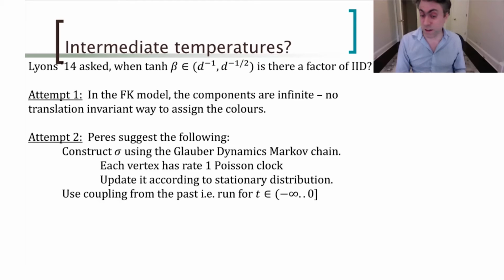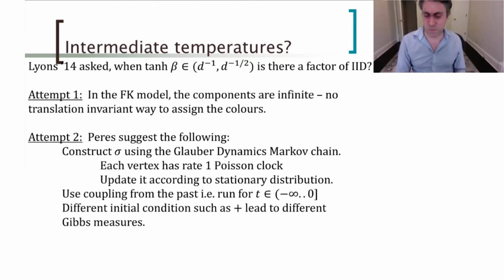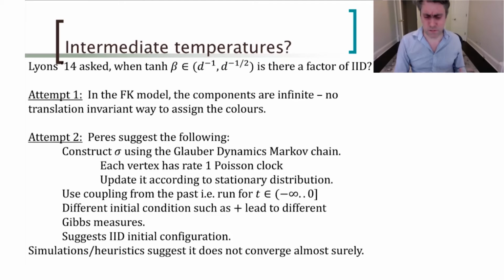So this works in the high temperature regime, but in the intermediate temperature regime, you get different initial conditions if you started from, say, all plus versus all minus. Peres had a suggestion of maybe trying to start with an IID initial configuration, but simulation suggests that suggestion doesn't converge almost surely, and so doesn't lead to a factor of IID.